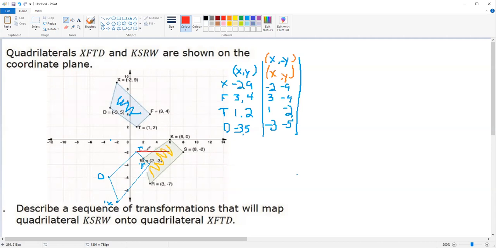My delta x is 5, and then my delta y is 2. All right, so now I have delta x is 5 and delta y is 2, so now I can write my expression.